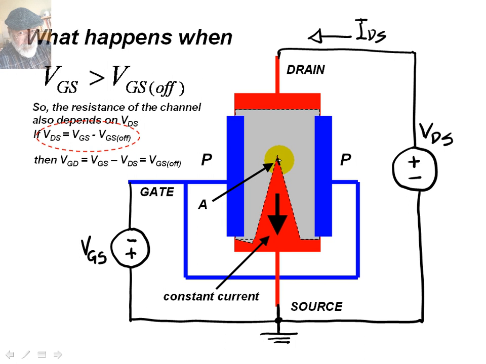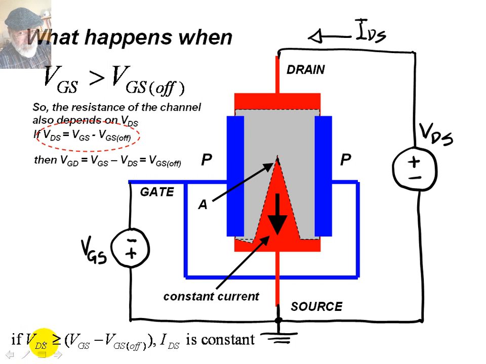The point will be located at approximately the same place and at the same voltage, regardless of how much more we increase VDS. When VDS rises above that overdrive voltage, the current remains constant.